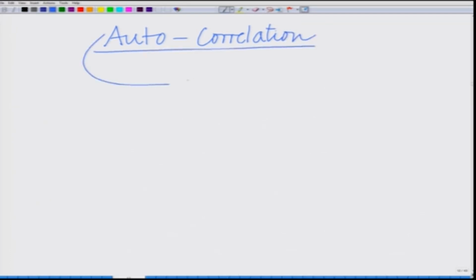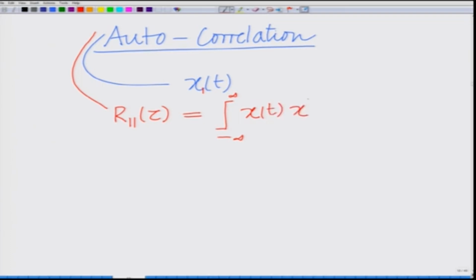The autocorrelation of a signal x1(t) is R11(tau), equal to the integral from minus infinity to infinity of x(t) times x conjugate of (t minus tau) dt.